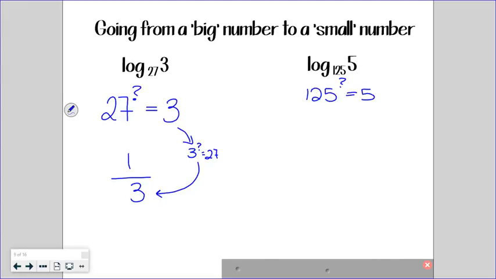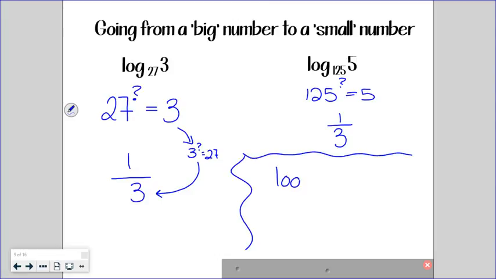To go from a big number to a small number, it's going to look like a fraction. 5 raised to what gives me 125? Let's do one that's not 3. Let's try a bonus question. There. Try that one. You and your table partner, figure that one out.